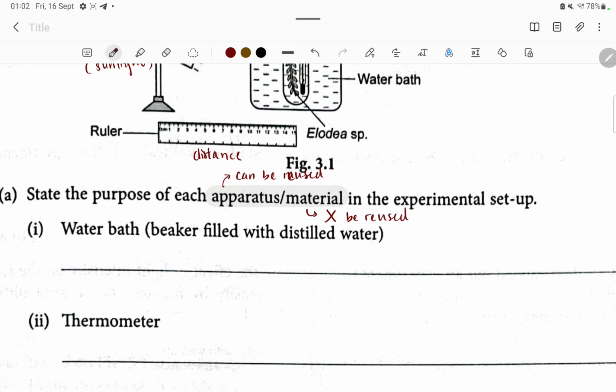So water bath is actually you use already and then you just throw it away lah. So this one purpose of water bath is actually to maintain a constant temperature.